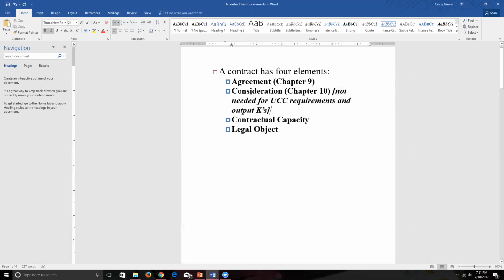As we said before, usually you have to have all of your elements. If you don't have it, you don't have a contract. But there is this one exception for requirements and output contracts to which the UCC applies.